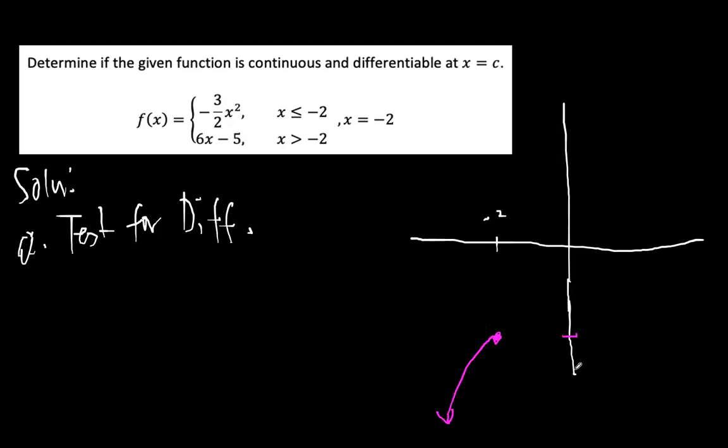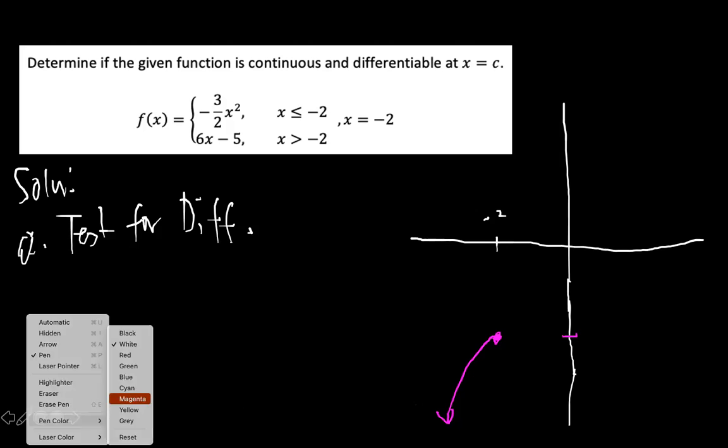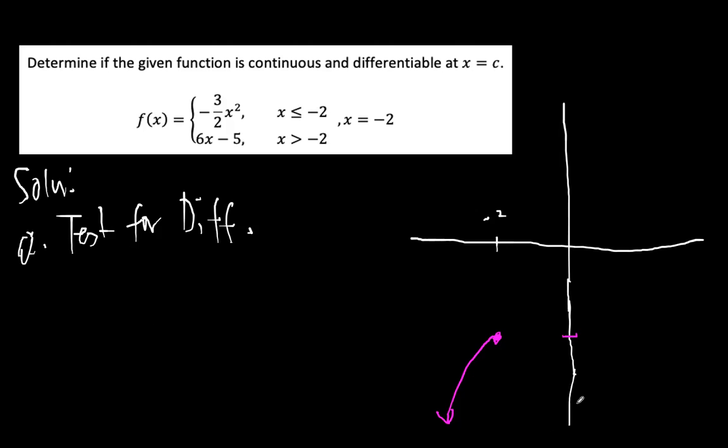Okay, so let's just extend this, and change the color to magenta again. So if x is equal to -2, this function becomes 6 times -2, -12, minus 5, -17. So -17, it's here. Okay, so there we go.